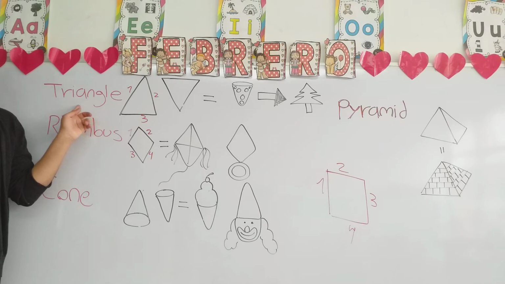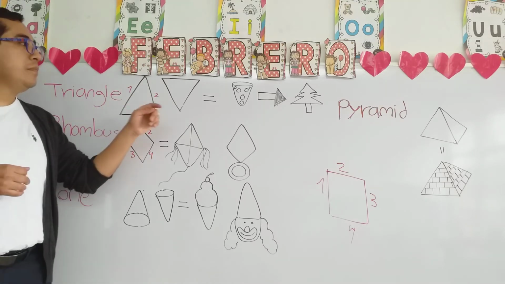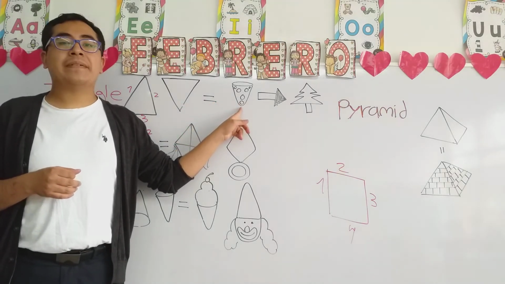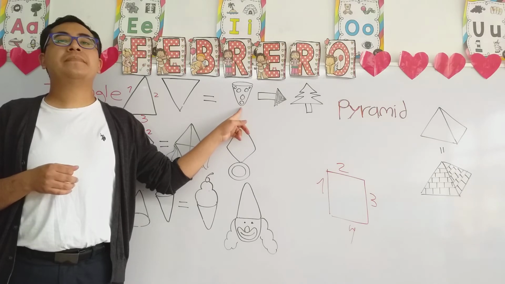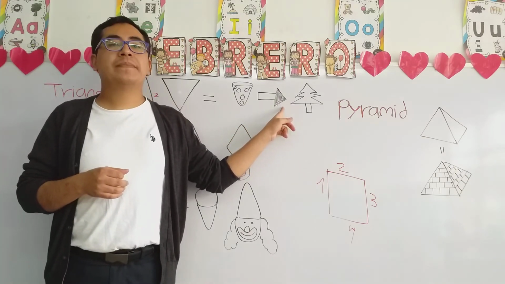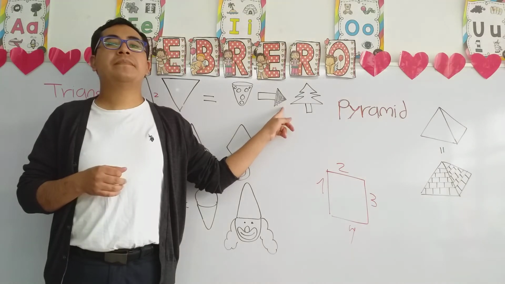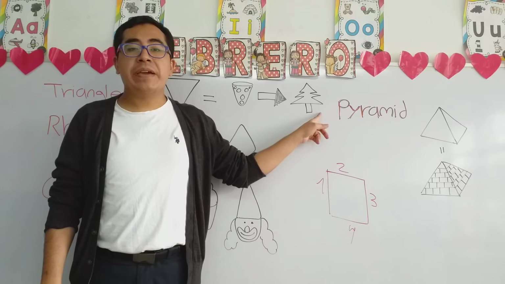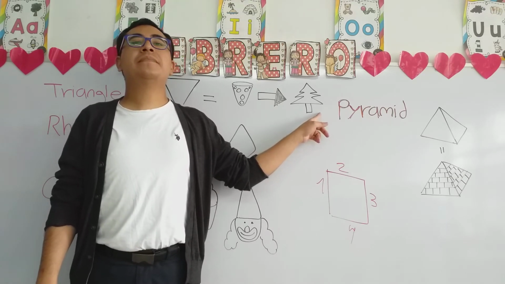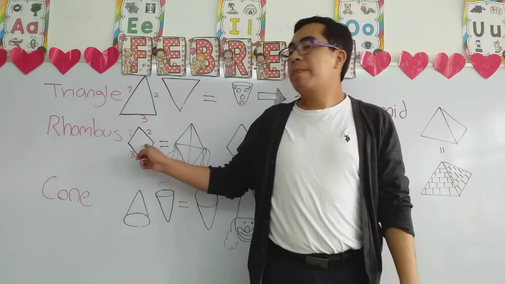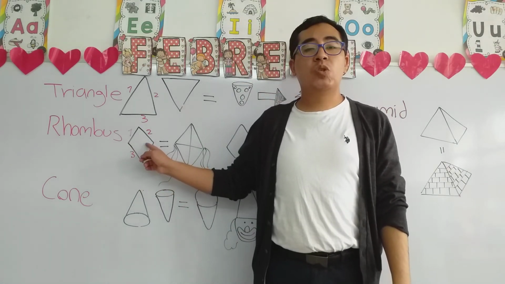Triángulo. Slice of pizza. Arrow. Pine tree. Rhombus.